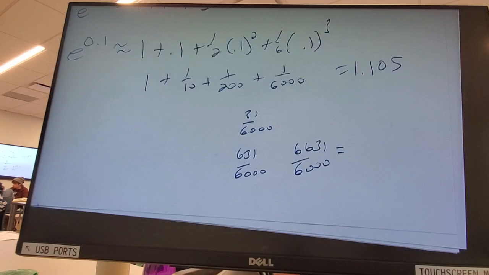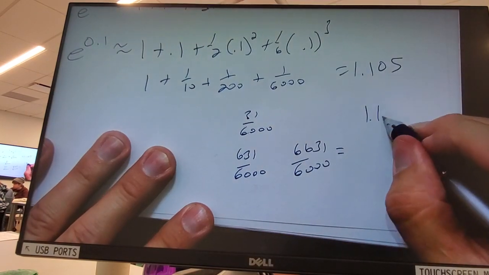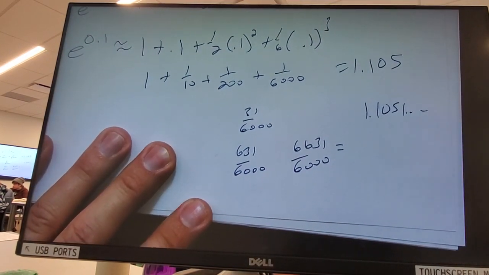Can you now, in your calculator, just do e to the 0.1? We all know this now, and I can say this: when you put e to the 0.1 in your calculator, you're not getting the exact answer. All the things off the screen could be completely wrong, and you'll never know because they're off the screen. So what do you get when you put in e to the 0.1? 1.105, blah, blah, blah.